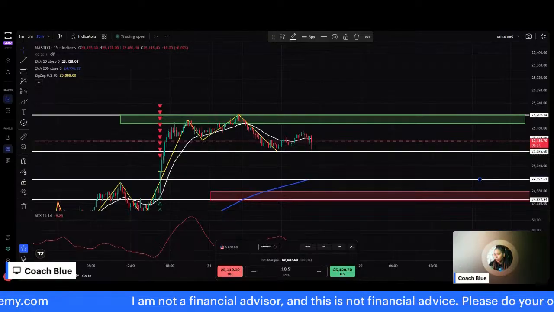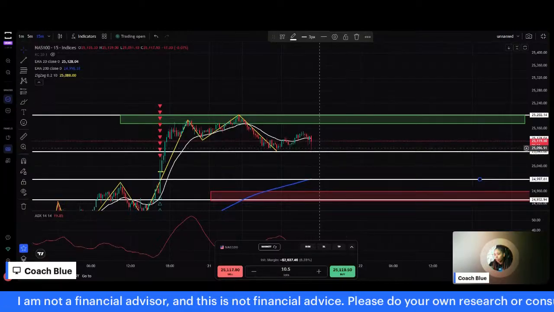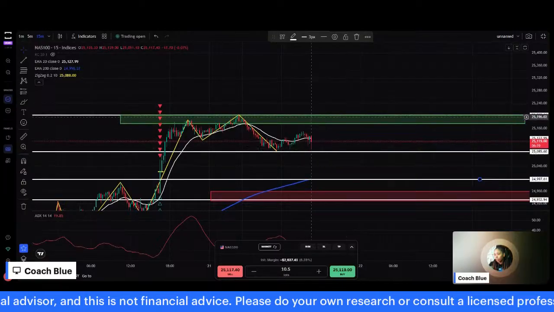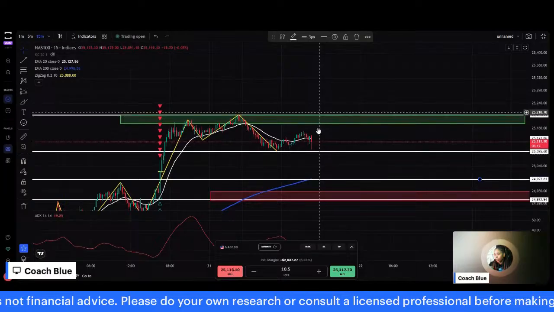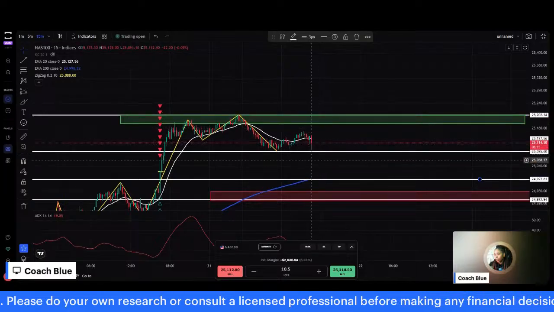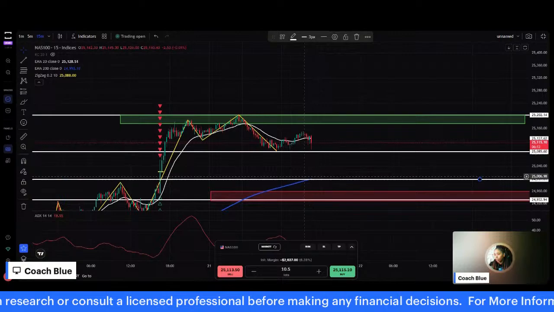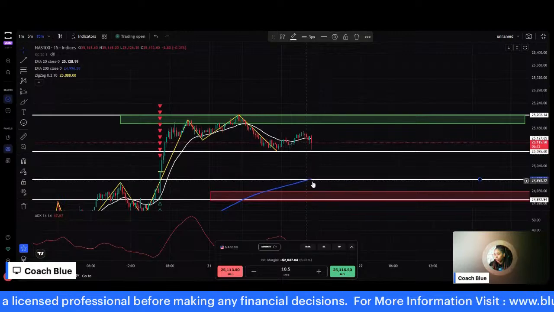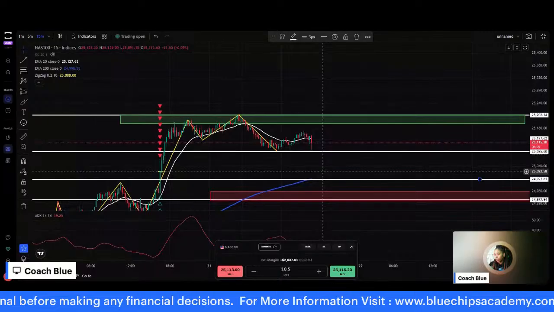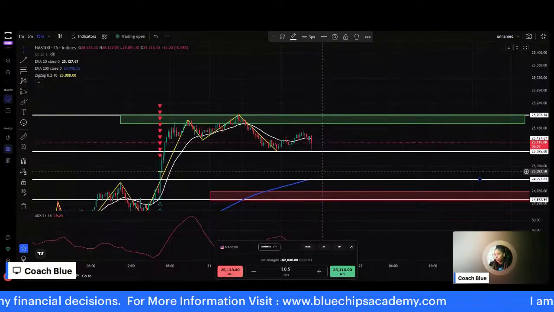I would love it if on the next candle we get a nice little bounce here. If we get close to the buy zone on the next candle, then I'll stay on for a little bit longer. But if we start moving in the downward direction, we're going to go ahead and set our alerts, and then keep it moving from there. We're not going to force anything.